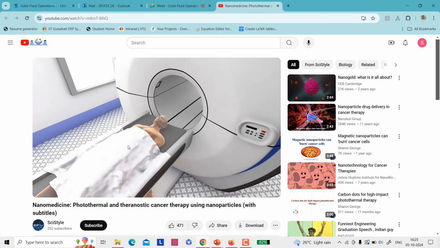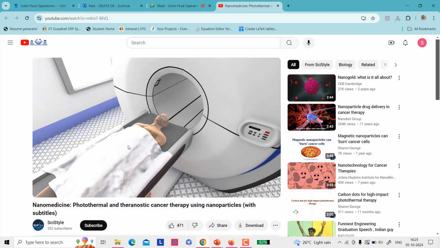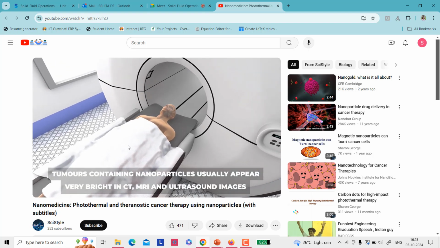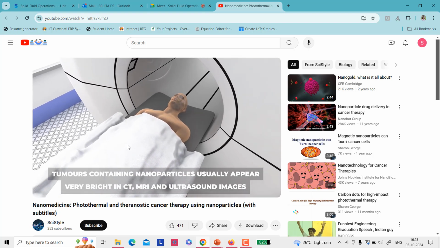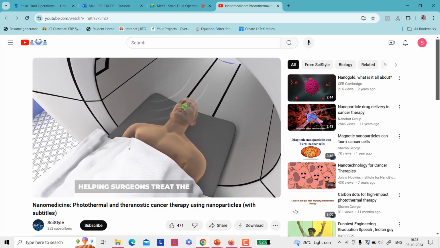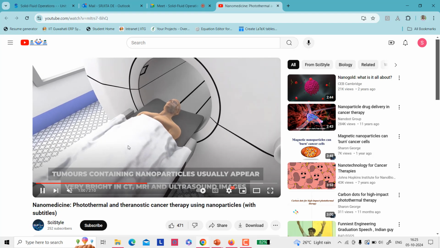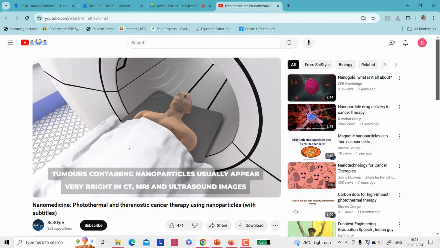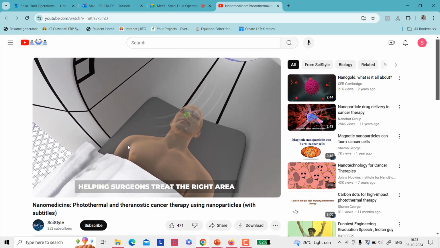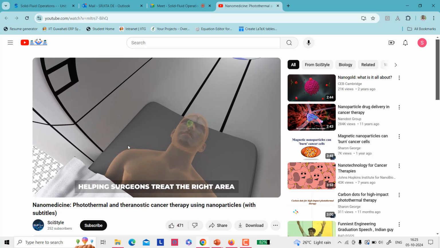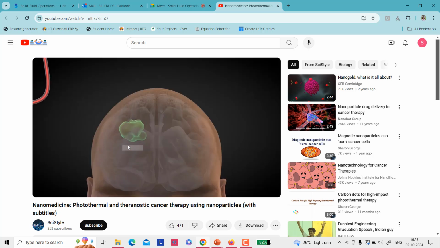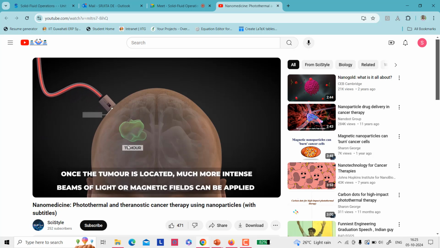The energy is absorbed by the nanoparticles, heating up and killing cancer cells. Scientists and clinicians are working hard to make this treatment a reality.